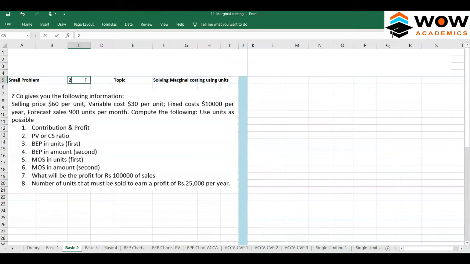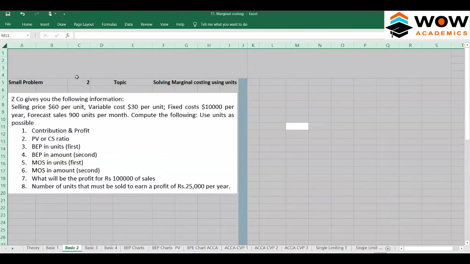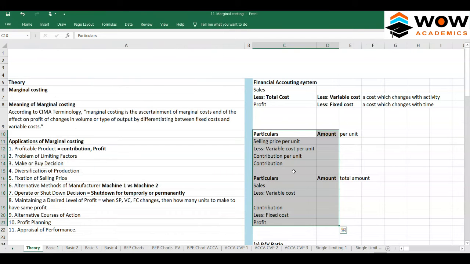Number 2. Here we have certain items to be computed. So we'll first copy the format.